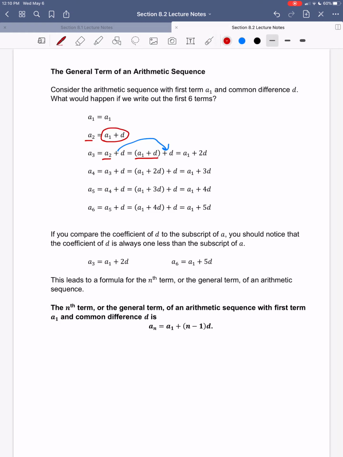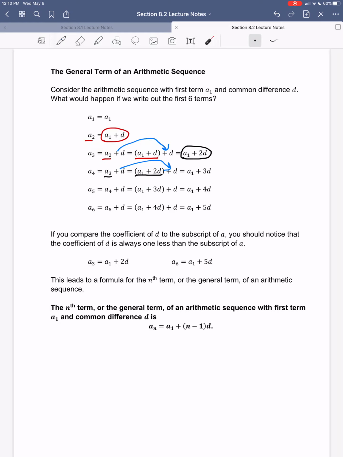I've got a sub 3, and a sub 3 is this a sub 1 plus 2d. So that's what I put here. And then this plus d just comes along for the ride.